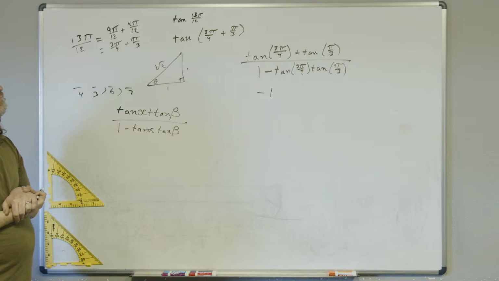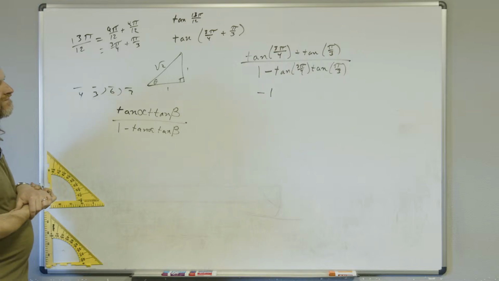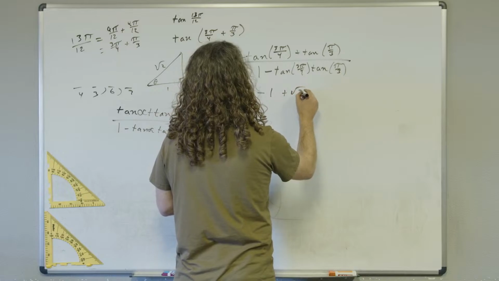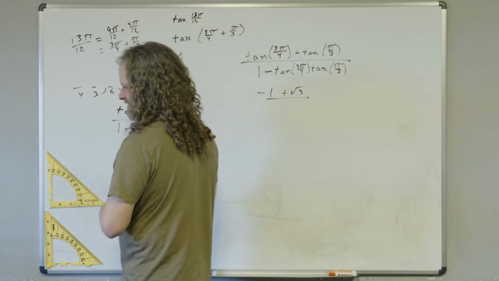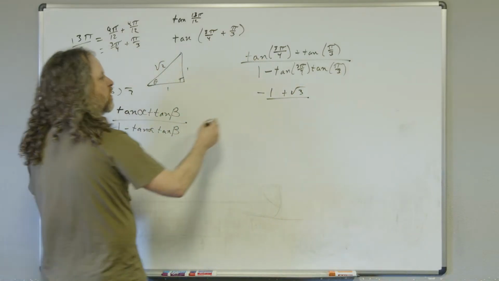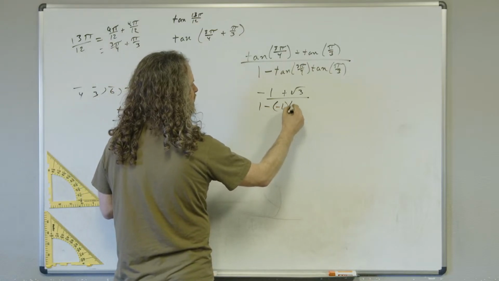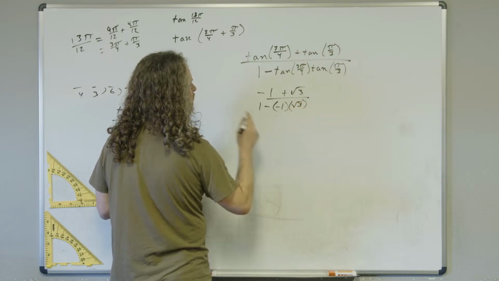Square root of 3. So negative 1 plus the square root of 3, and then 1 minus negative 1 times the square root of 3.